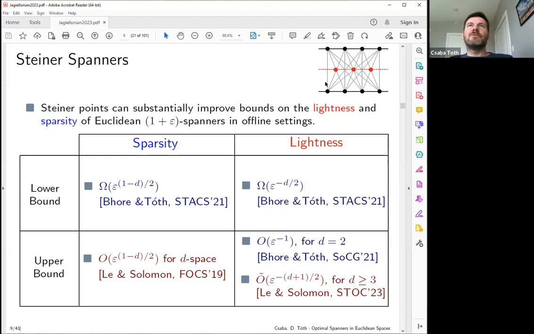That will require that going between any two vertices on the top and bottom, if we take a detour to any other point, that would be 1 plus epsilon times longer than the direct edge. So again, without Steiner points, the spanner would be the complete bipartite graph.